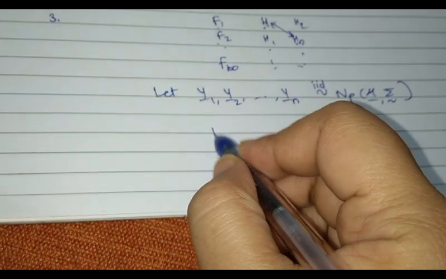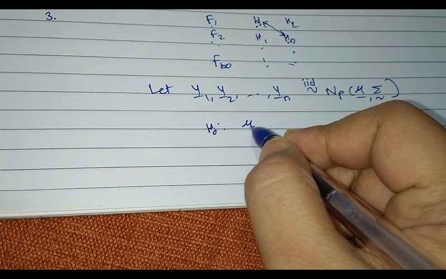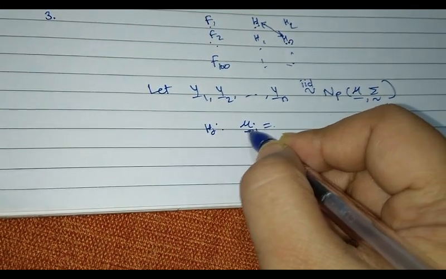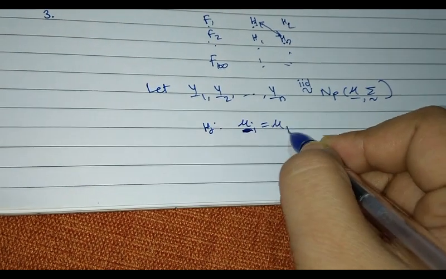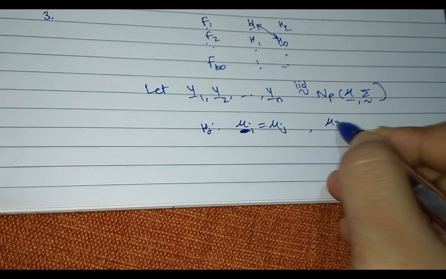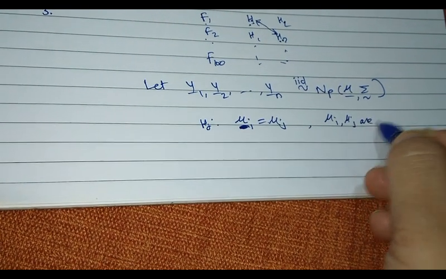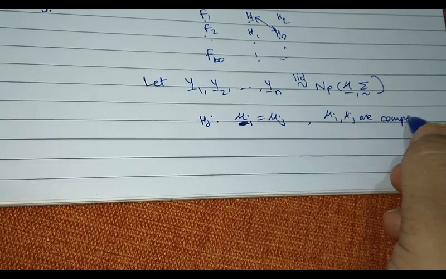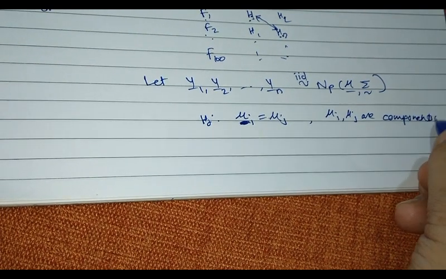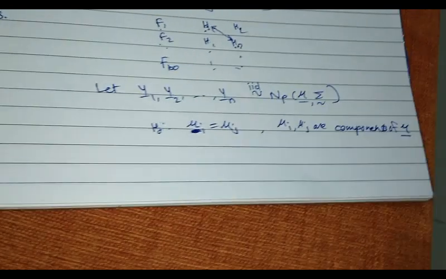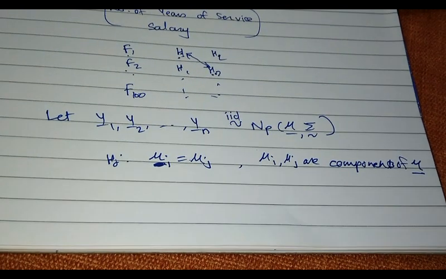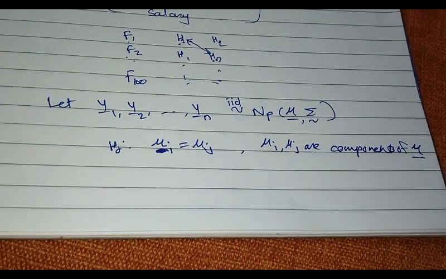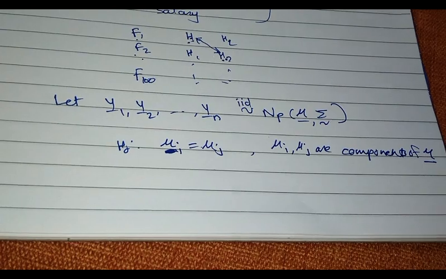So my H0 is going to be of the type some mu_i, not vector now, some mu_i equal to mu_j, where mu_i, mu_j are components of mu. Okay, so we are going to check whether some components can be said to be equal to each other.